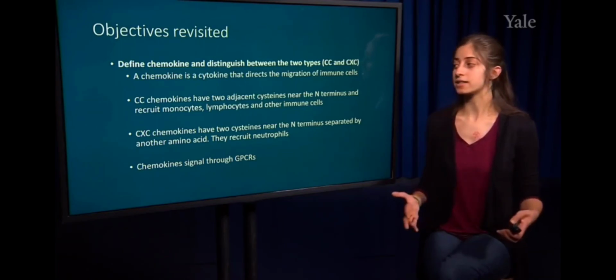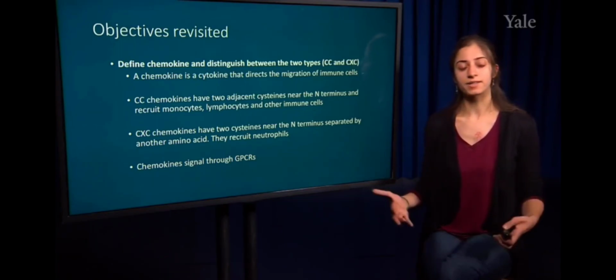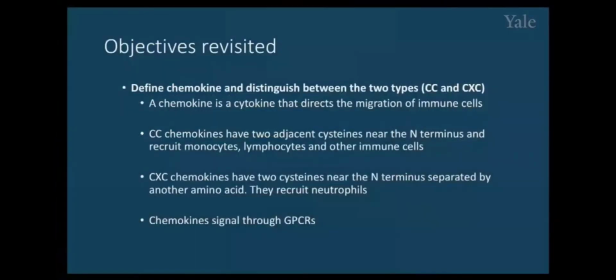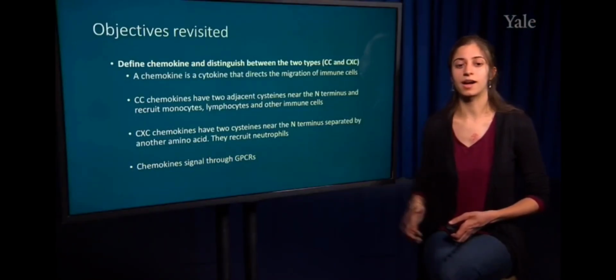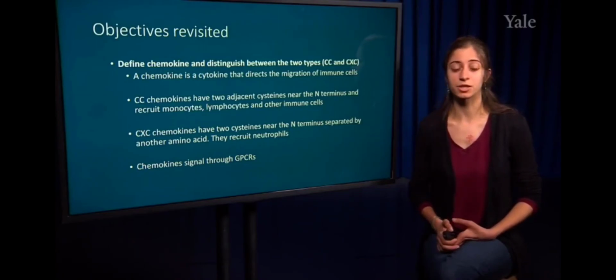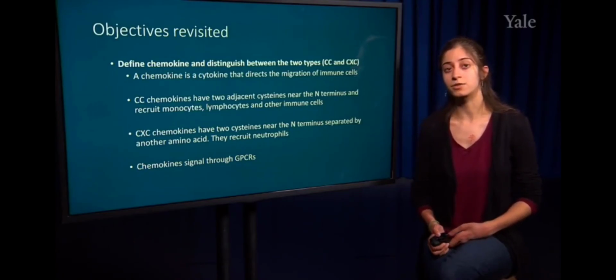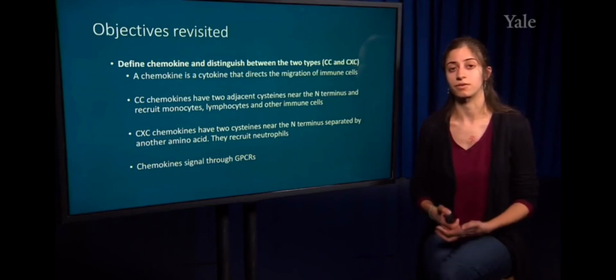We know that CC chemokines recruit monocytes, lymphocytes, and other immune cells, while CXC chemokines are very good at recruiting neutrophils. We also know that chemokines signal through a different type of receptor called a GPCR that uses G proteins to transduce the final function.